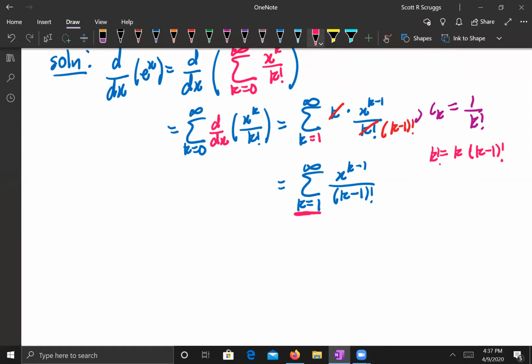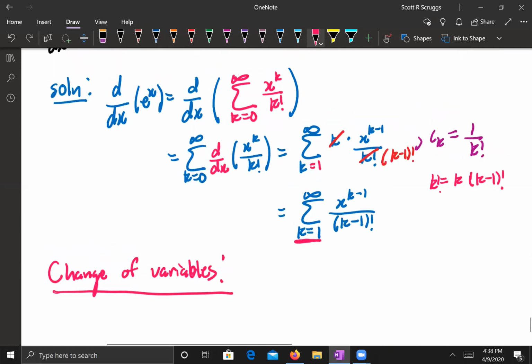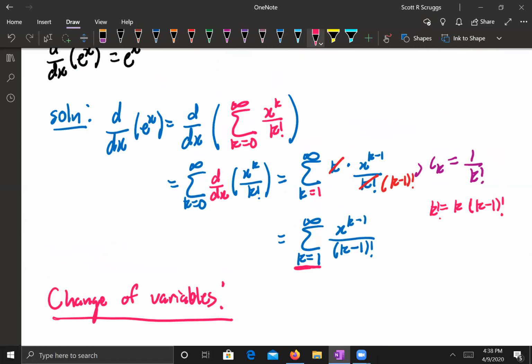I'm going to do something called a change of variables. And what that means is I'm going to define a brand new variable, and then I'm going to use that to rewrite my series in terms of that brand new variable. And my goal for doing this is I want the series to start at 0 so that I can fit into the form for the Maclaurin series of e to the x.